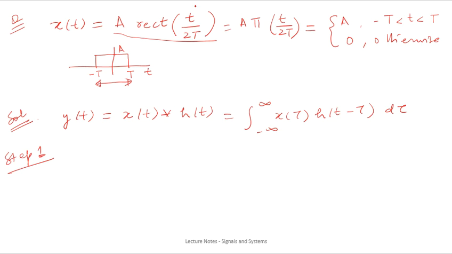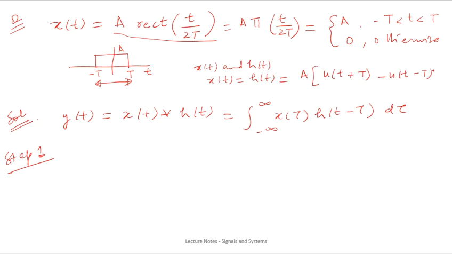This question can be framed in another way: evaluate the convolution integral for a system with input x(t) and impulse response h(t), given by x(t) equals h(t) equals A times u(t plus T) minus u(t minus T).